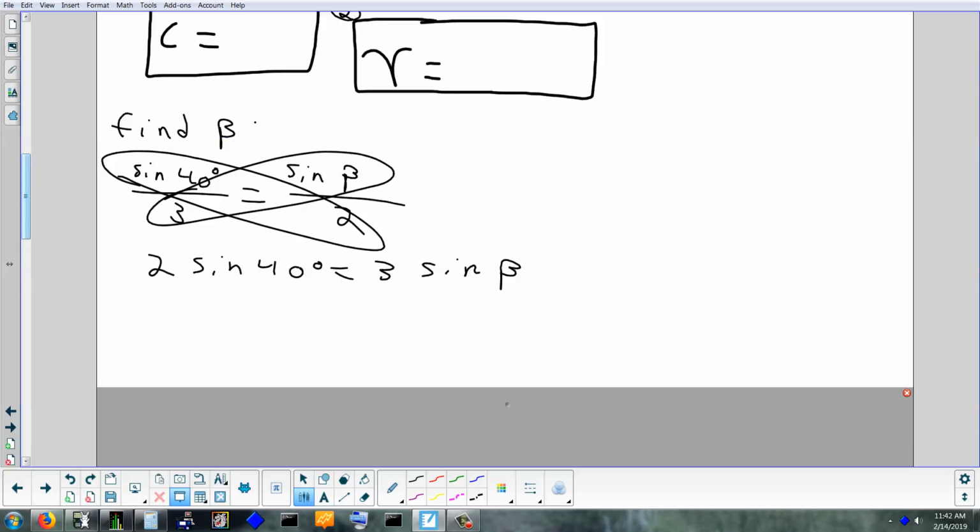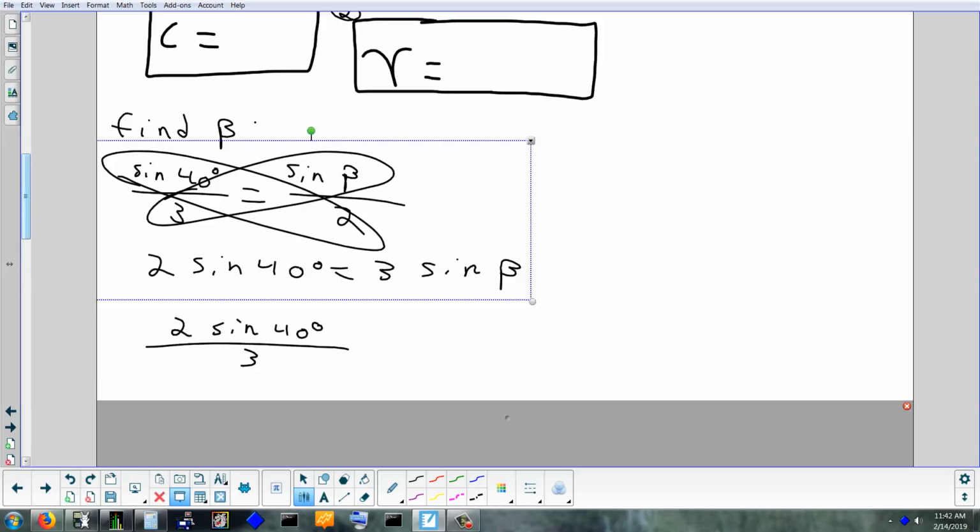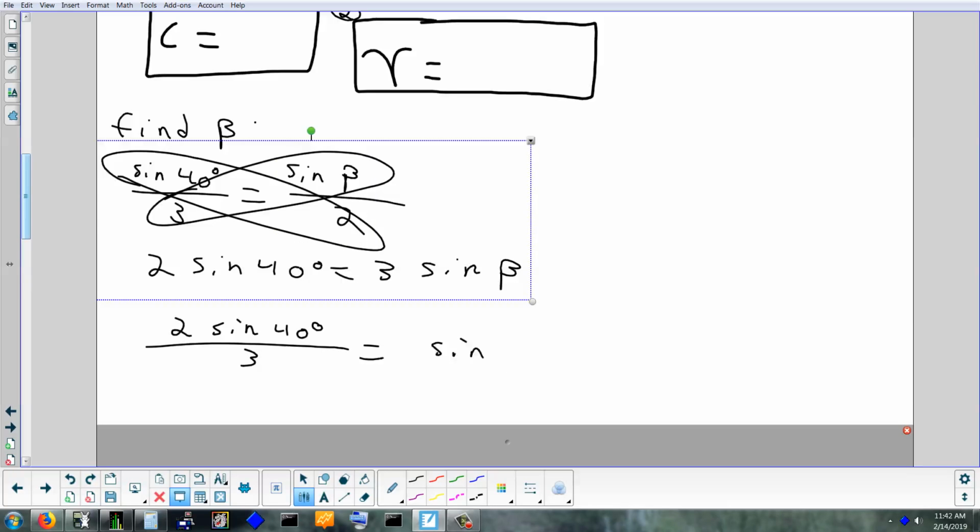Right? So we want to solve for beta. 2 things I need to get rid of. What's the first thing I could do on each side that would start to get beta by itself? Yeah? Divide by 3. So it's 2 sine 40 divided by 3 equals sine beta. And now I need to get rid of sine.